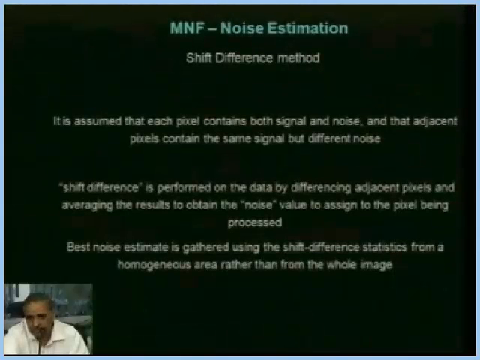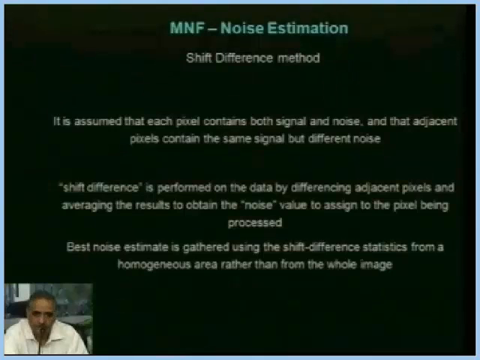Most of this theoretical background is strongly related to the manner in which the implementation and usage in ENVI is offered, so that it is much easier for the participants to connect to what is being told in a theoretical manner when they try to use the ENVI functionalities. Because in ENVI also the MNF is done using the shift difference method.